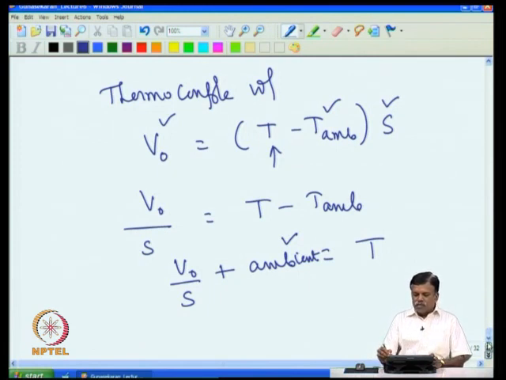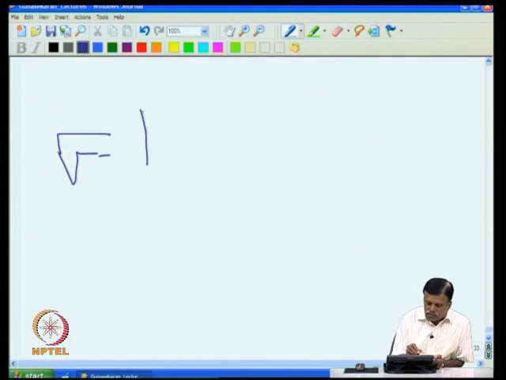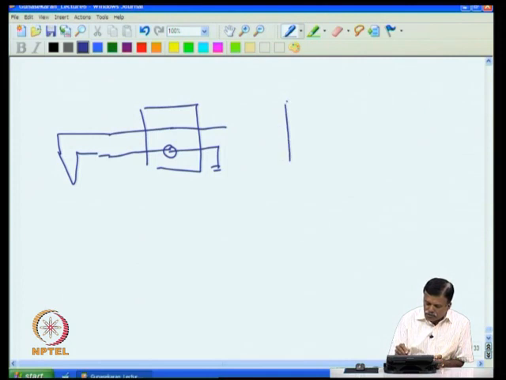Normally what is done is you take the thermocouple, a single junction, and terminate it in an isothermal block. Of course it is isolated, then normally you ground this, take the other input and get it amplified.